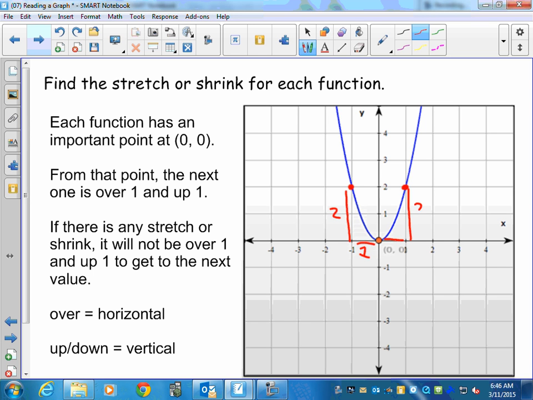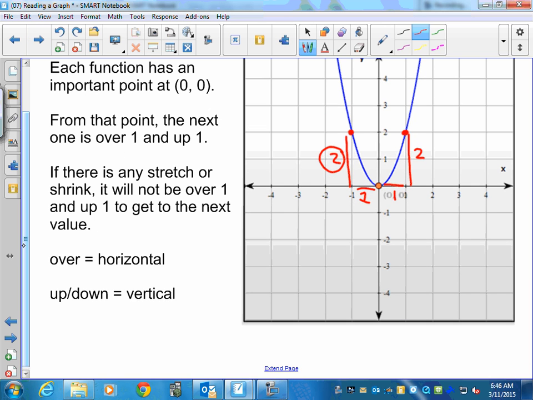What that tells us is we have a vertical stretch by 2, because that is the one multiplier that is changed. We're looking at that over 1, up 1 relationship and seeing when we get to our next perfect value, which one of those has changed. If the over value has changed, it is a horizontal stretch. If the up-down distance has changed, it is a vertical stretch.